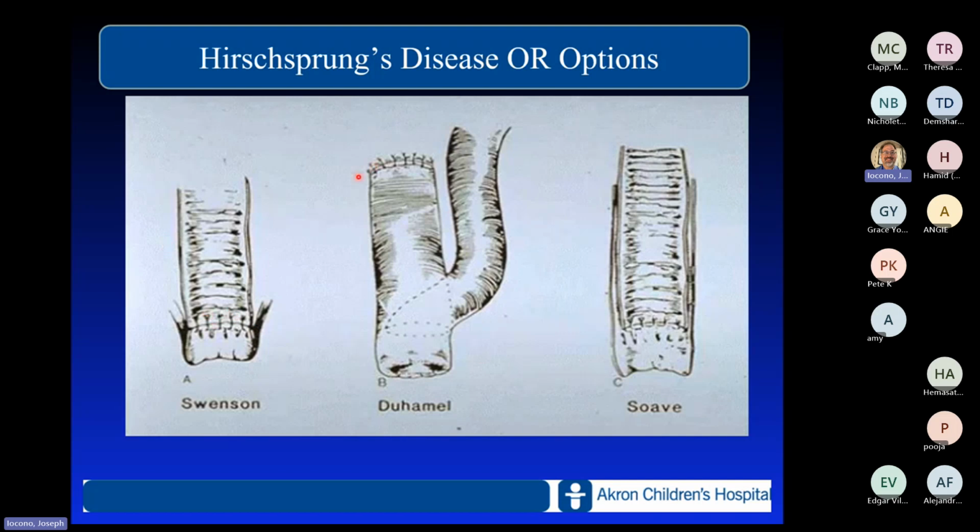The Duhamel is you leave a pouch, like a Hartmann's pouch, and then you do a side-to-side anastomosis, usually with a stapler. So the problem is now you have this pouch that still has an aganglionic segment and good stuff. You're supposed to let the staple line go all the way up here. The hard part about that is this has a higher rate of pouchitis or enterocolitis because of the stasis. And then the Soave is you do a mucosal dissection for 2 centimeters before you make it full thickness.